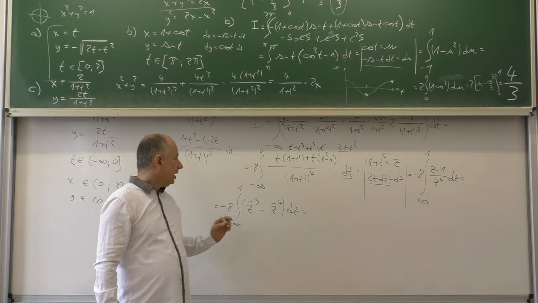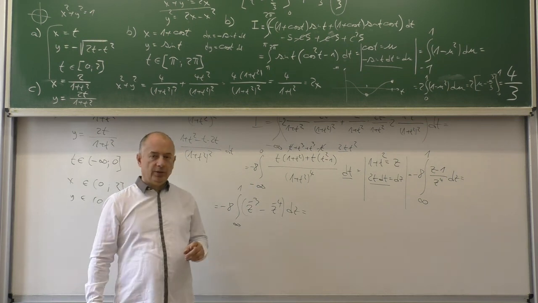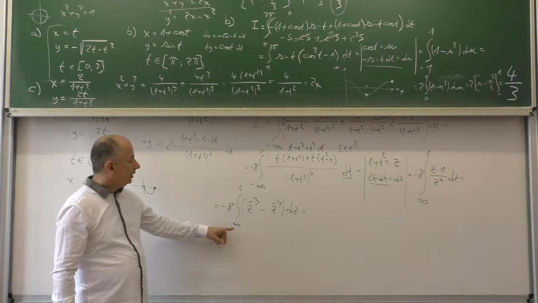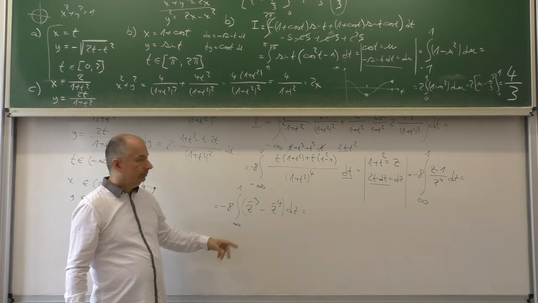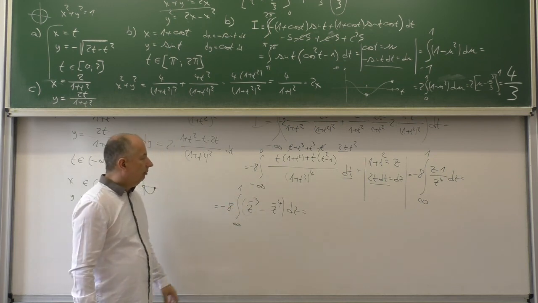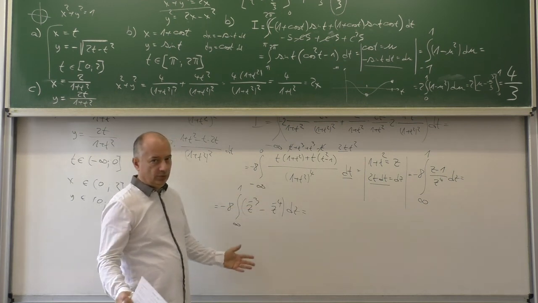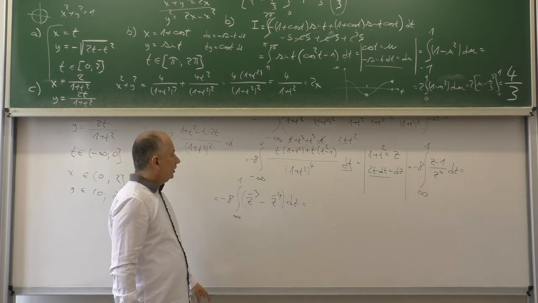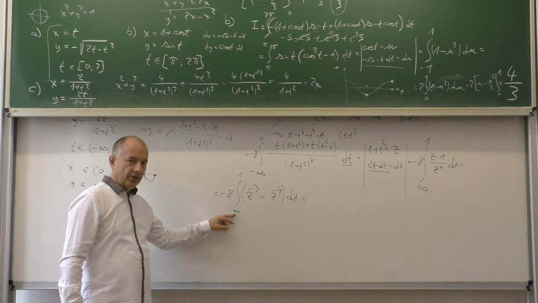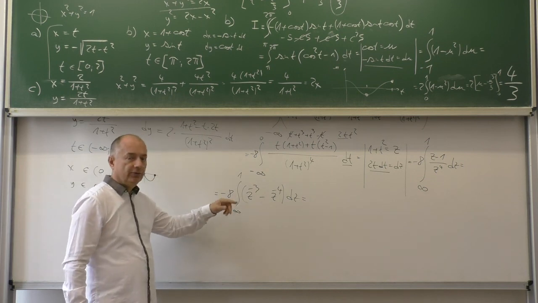Well, to be more precise, if the limit is plus or minus infinity, this is an improper integral, and we should integrate from some a and consider the limit for a going to infinity. But as an abuse of notation, for the purpose of short writing, let me write just this infinity as a shorthand for the limit.